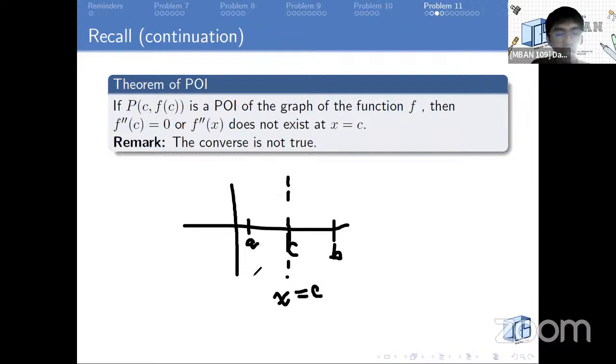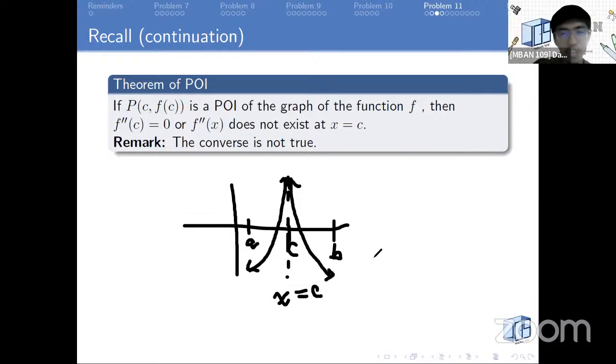Then we have concave up from open interval AC, yung graph ay concave up, pero asymptotic siya sa x equals C. Tapos concave up din siya sa open interval CB, pero asymptotic din sa x equals C. Pero kung mapapansin nyo, hindi nag-exist si f double prime of x sa x equals c.